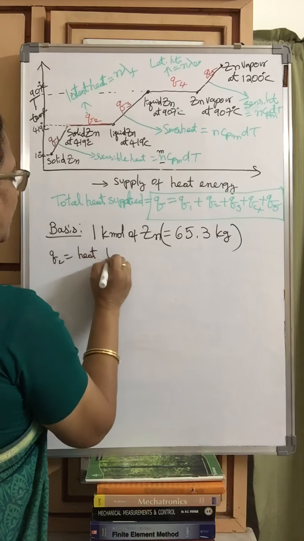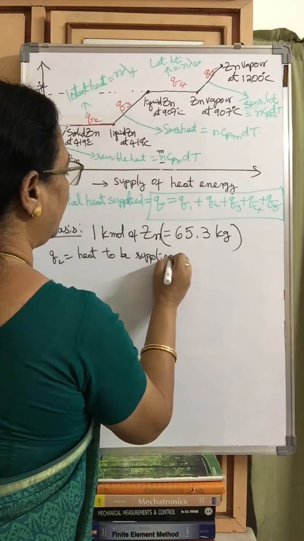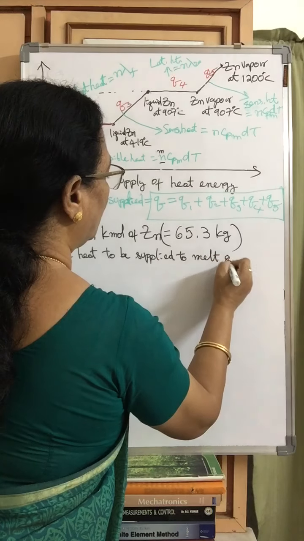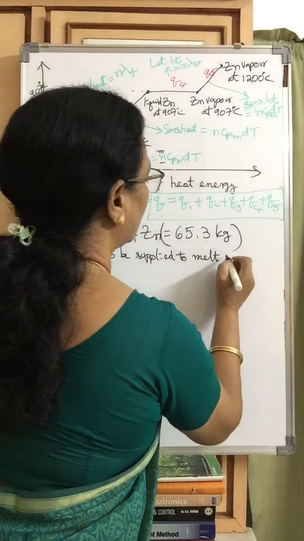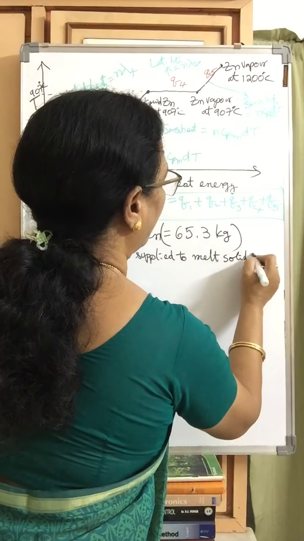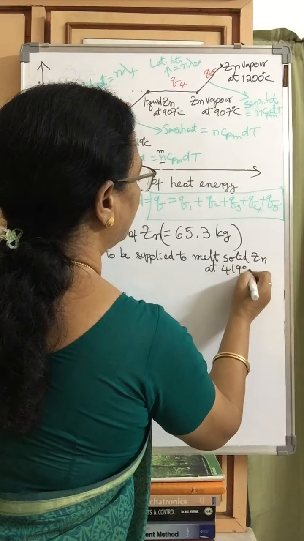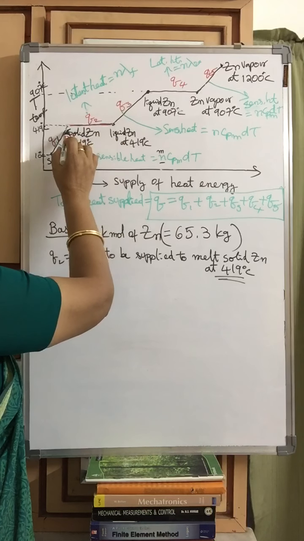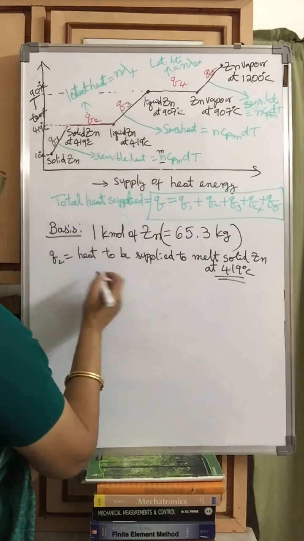The heat to be supplied to melt solid zinc at 419 degrees centigrade. At 419, solid zinc is converting to liquid zinc. This is a latent heat calculation.